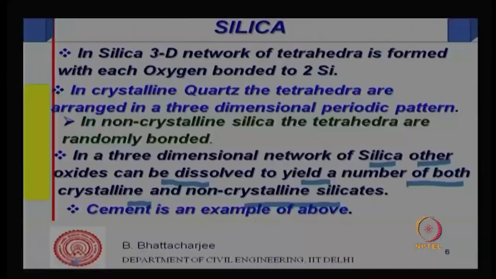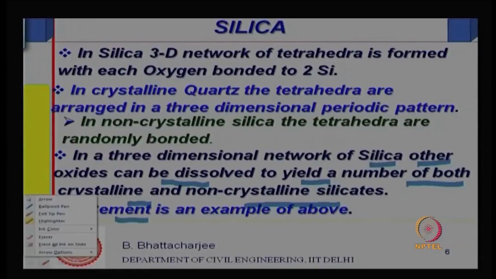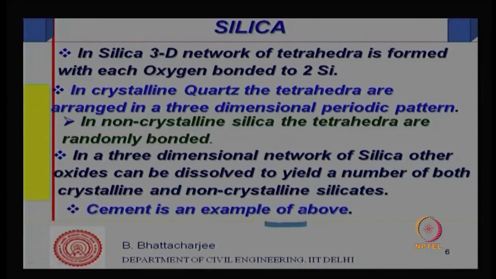So, in your SiO4 3-dimensional network, other oxides can get dissolved, right, and they can combine, and therefore, you can get both crystalline as well as non-crystalline materials as products. So, you get various kinds of silicates. Now, cement is one such example. Cement is an example of such silica combining with other oxides.